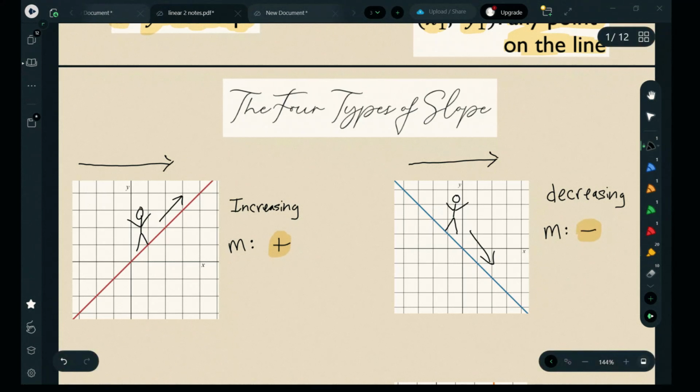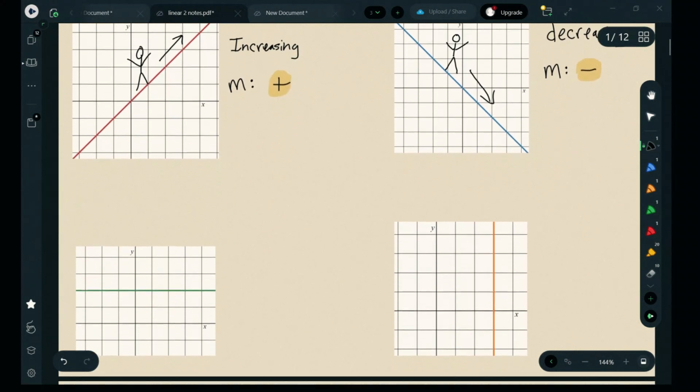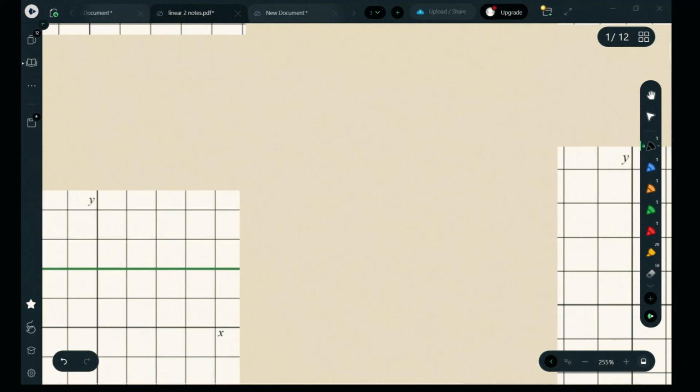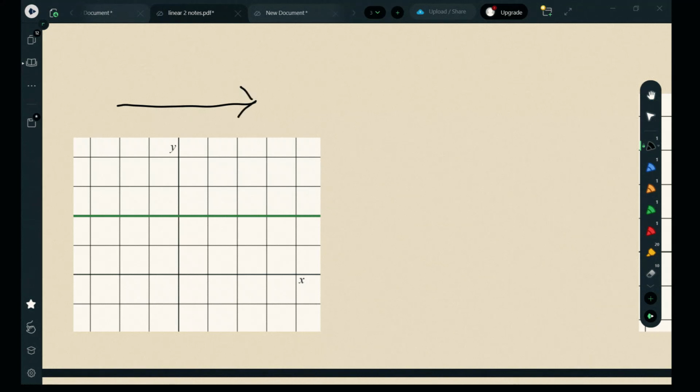Now there's two more types of slope. These are what I would call maybe more so like special cases. Let's take a look at this one here. So what's happening here? Is the line going up or is it going down? As we come from left to right. Well, here it's doing neither. It's staying flat. So here, this is what we call a horizontal line.